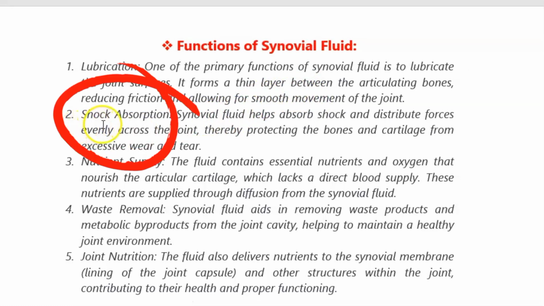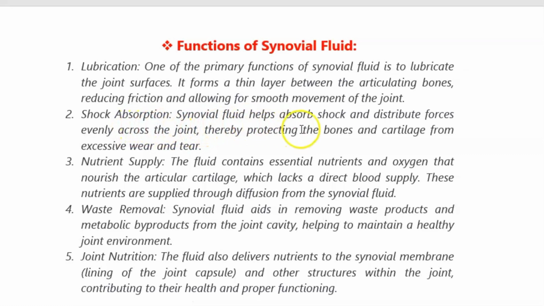Number 2 function is what? Shock absorption, what we call a shock absorber. Synovial fluid helps to absorb shock and distribute forces across the joint, thereby protecting the bones and cartilage from excessive wear and tear. Now listen carefully. The shock absorption we are talking about here is this: if the bones are grinding on each other, there will be wear and tear.